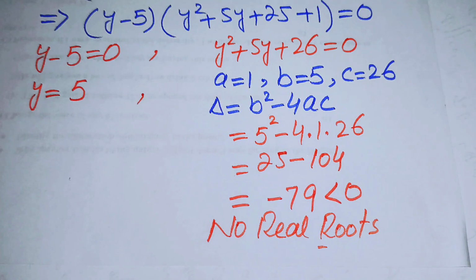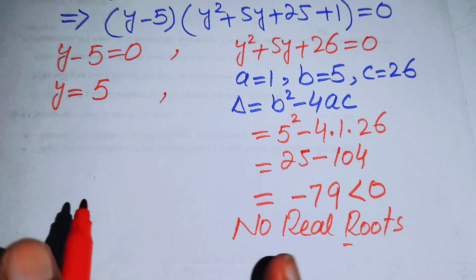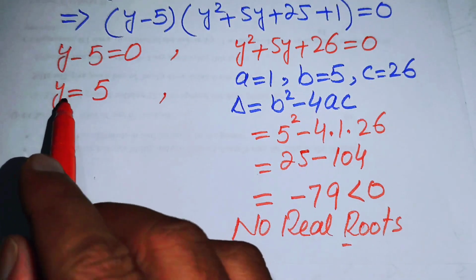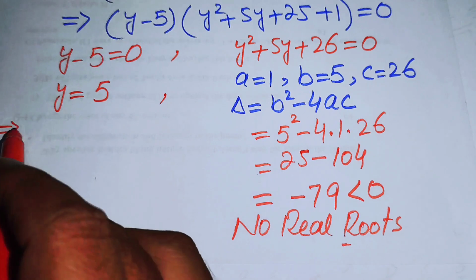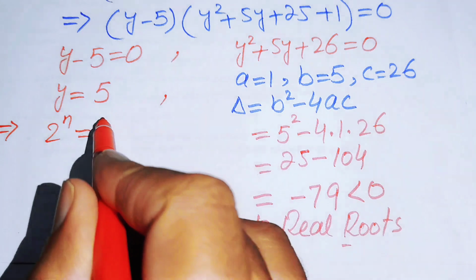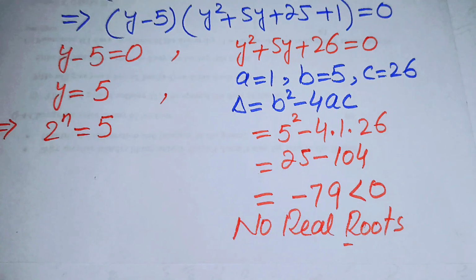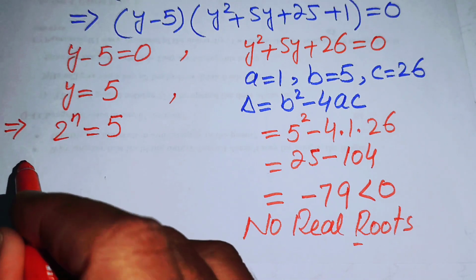So if it has no real roots, then we will reject this case, and we can just proceed with this case only. So in this case we have y equals 5, and at the start of the problem we took y equals 2 to the power of n. So it becomes 2 to the power of n equals 5. And now in order to find the value of n, we will take the log on both sides.